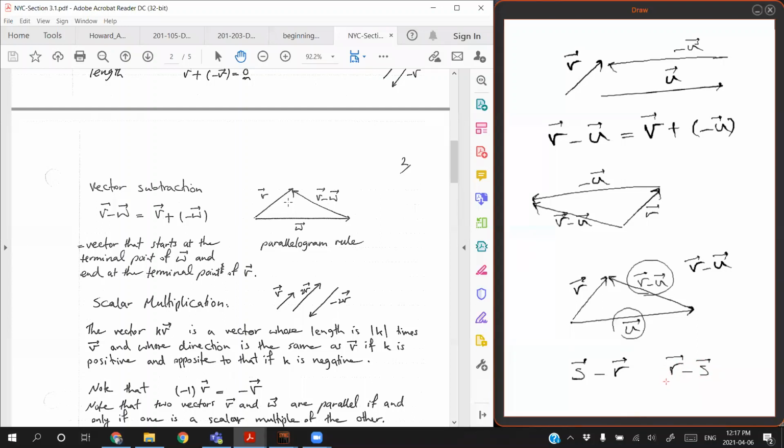And you can also see that these two are going to be negatives of each other, because these two are going to be vectors of the same length but opposite direction. So generally this is the case. s minus r is the opposite or the negative of r minus s. Just like real numbers. Are we good? Any questions?